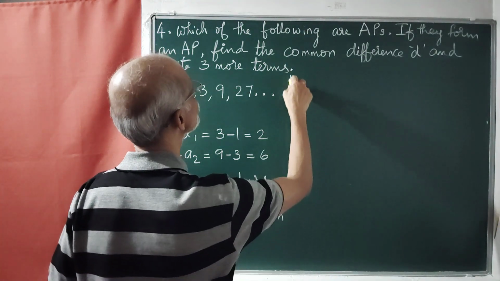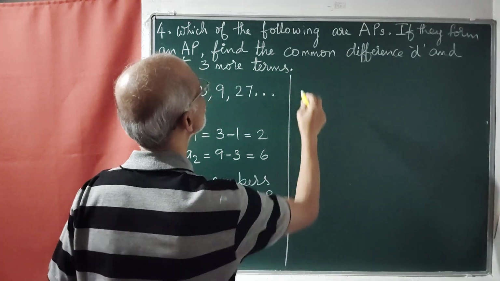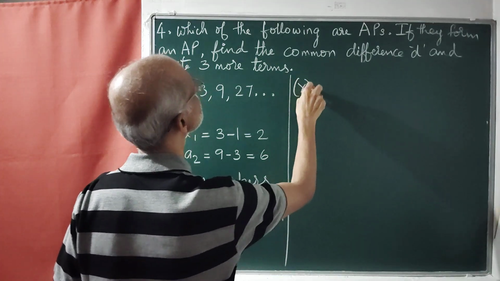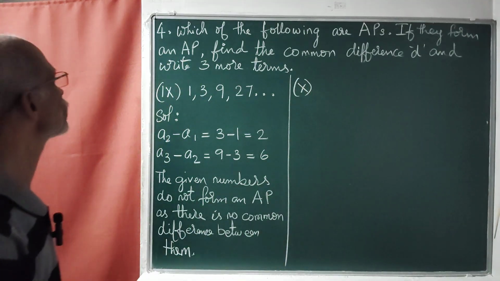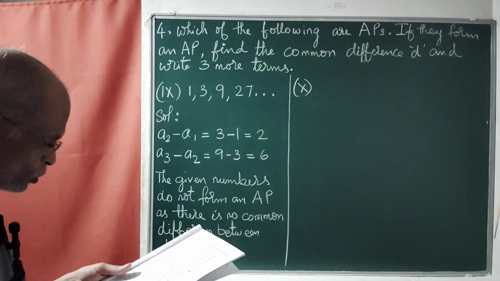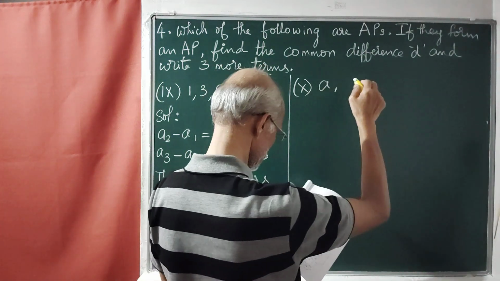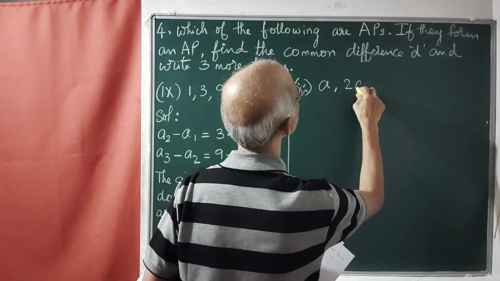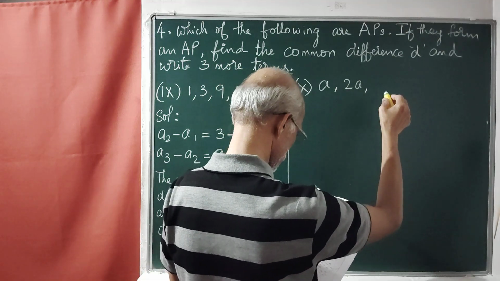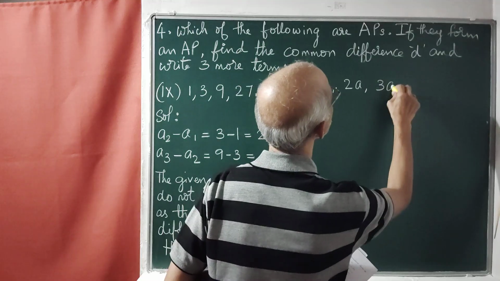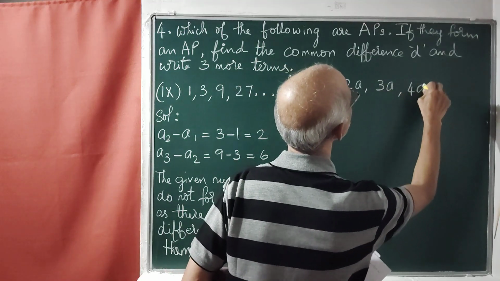The next sum, 10th sub question of question 4. So the given numbers are A, 2A, 3A, 4A.